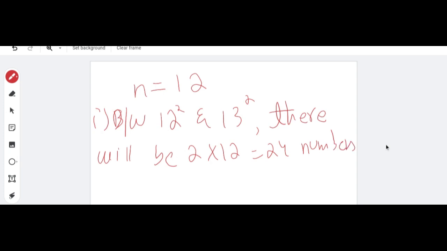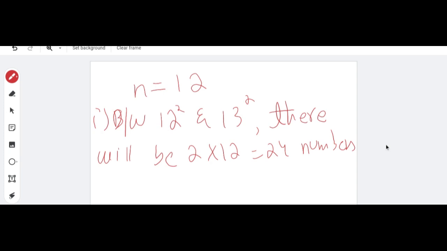Simply. Understood? What about 13, ma'am? We don't have to use it, because n is the starting number. So n is 12. Same for the next one, 25 is the n, and for the next one, 99 is the n.